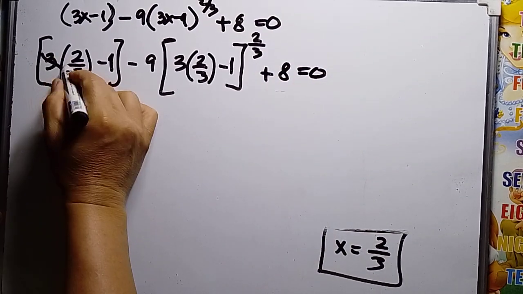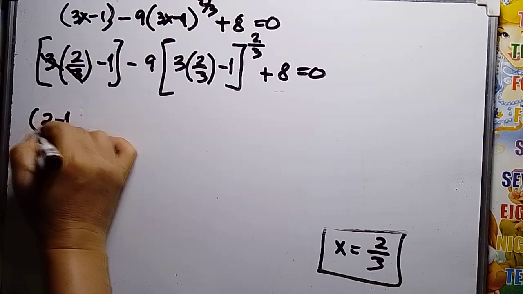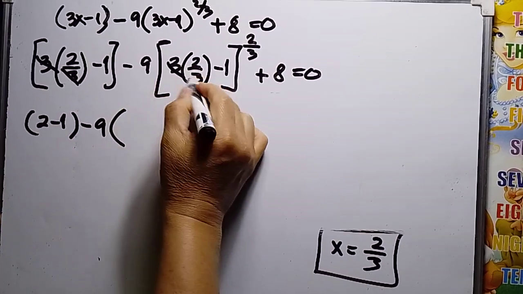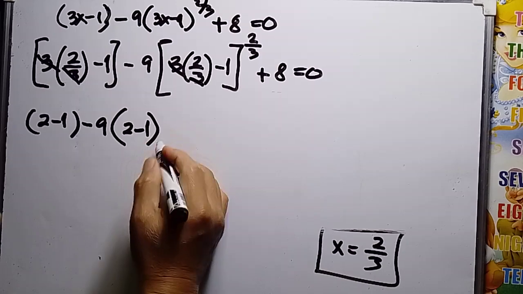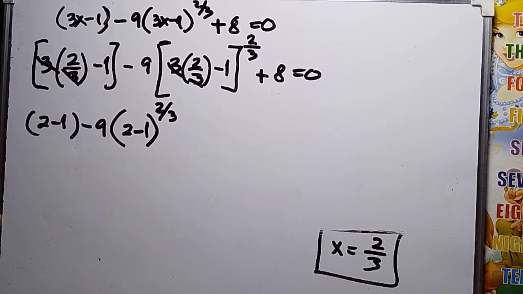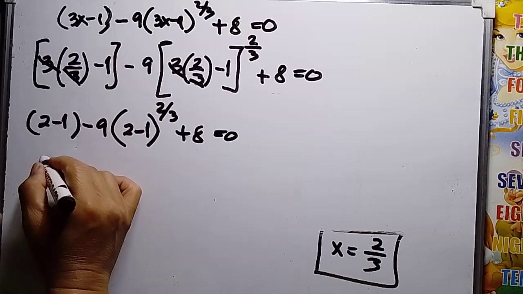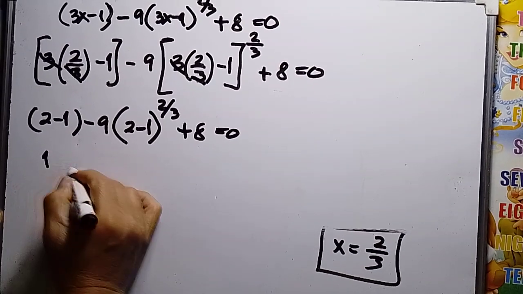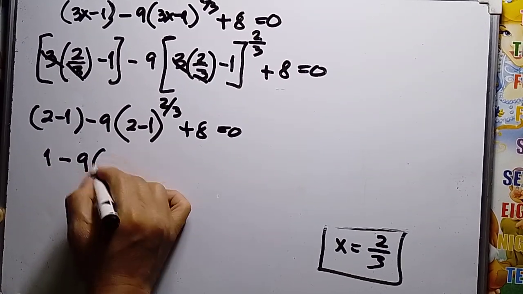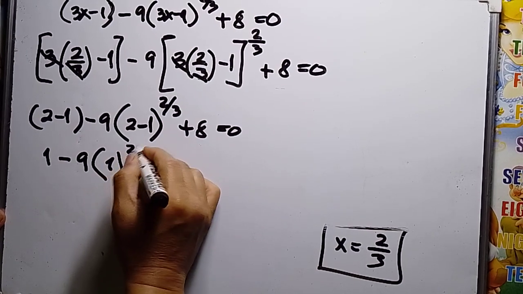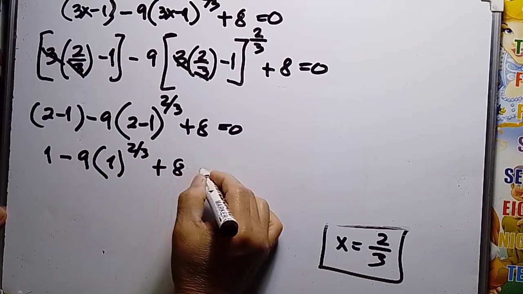So the 3s will be crossed out. So 2 minus 1 minus 9. This one will be crossed out. (2 minus 1) raised to the 2/3 power plus 8 is equal to 0. So 2 minus 1, that will be 1, then 9. 2 minus 1 is 1, raised to the power of 2/3 plus 8 is equal to 0.